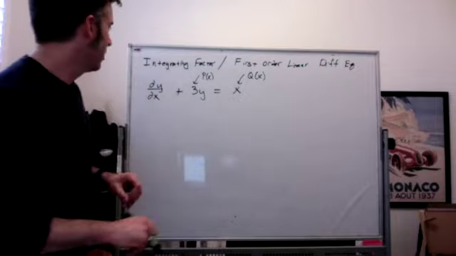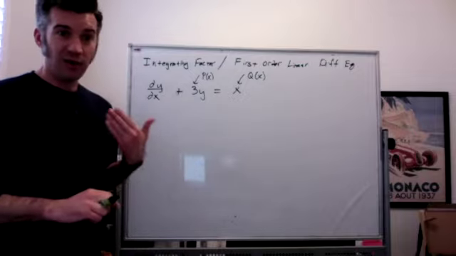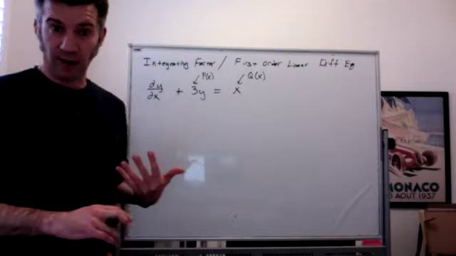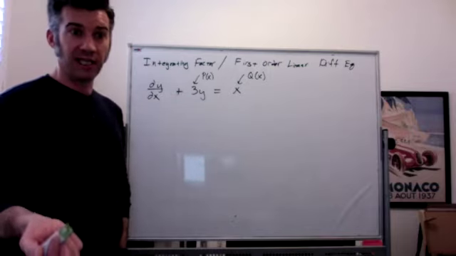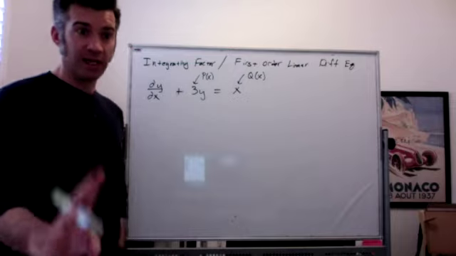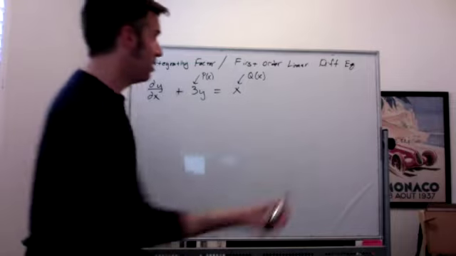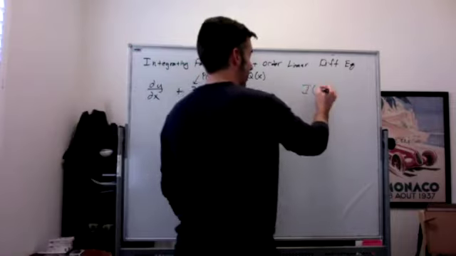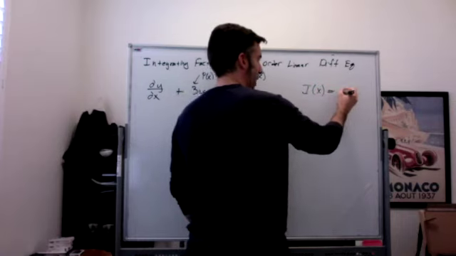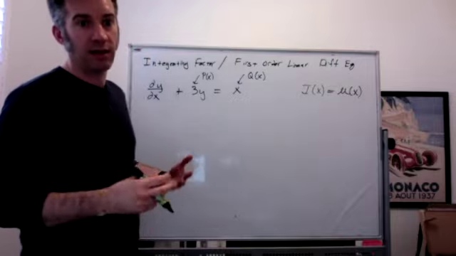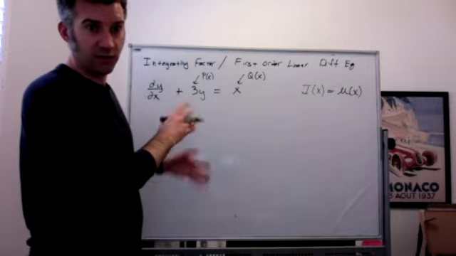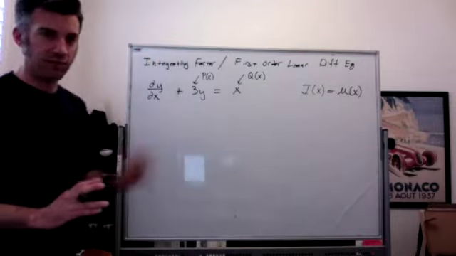Either way. Then we're going to multiply the whole thing by the integrating factor. She used capital I. A lot of other people use a lowercase mu. So if you see that somewhere else, just be aware that that's what they mean. I will use I of x like her, but lots of other textbooks use lowercase mu, which looks like the letter u with a little extra tail on the left.